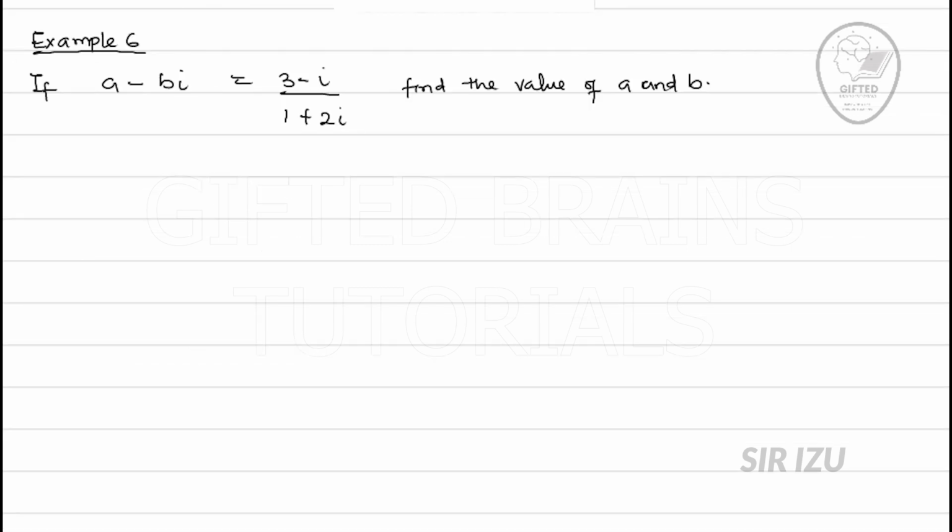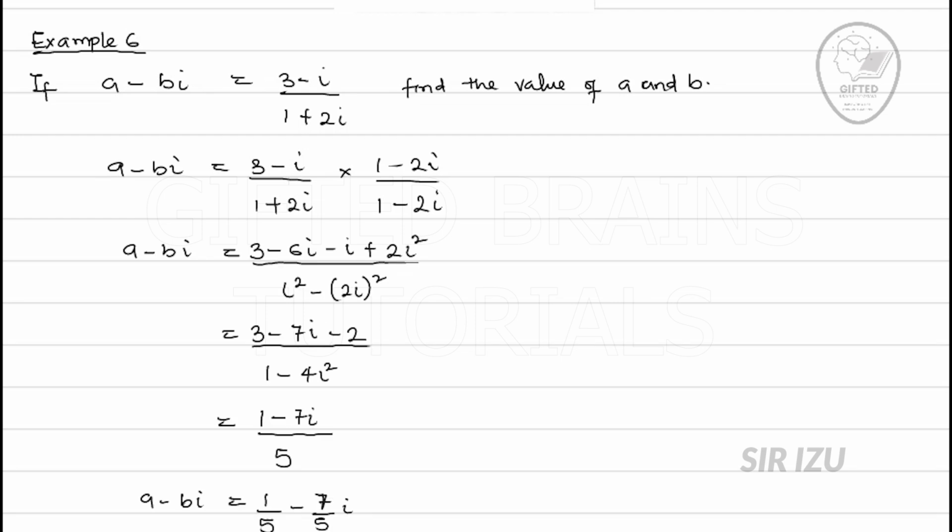The same thing goes for example 6. I will write a minus bi is equal to, again I take the conjugate of the denominator of the right hand side and multiply the numerator and denominator by it. So 1 minus 2i over 1 minus 2i. I think you can try this on your own, but if you do that, you will come to this step where we will be now.